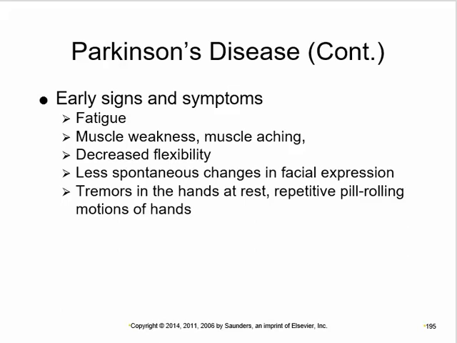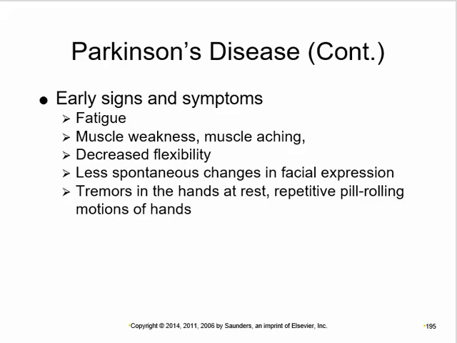So early symptoms are fatigue, muscle weakness, a difficulty in facial expression, and tremors in the hand at rest, and they call it pill rolling motions. So if you put your thumb and index finger together, like you're rolling a little piece of Kleenex into a pill, that would be what the tremor's like.